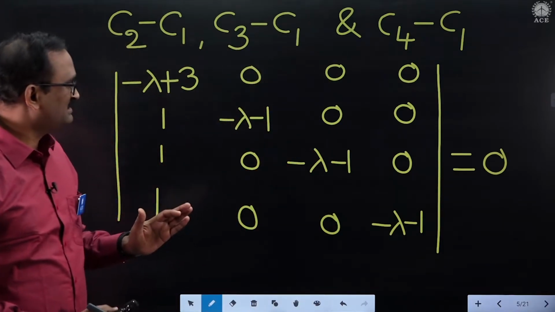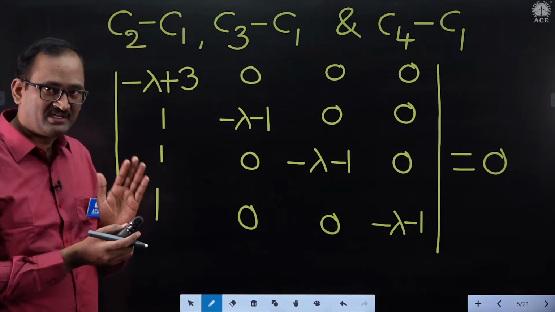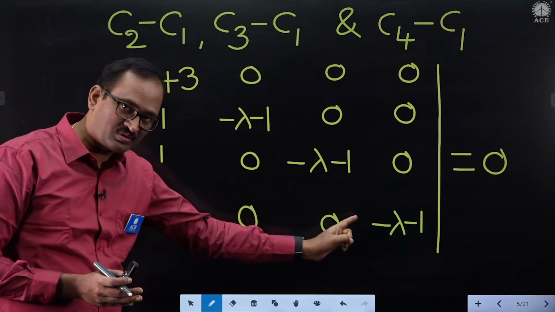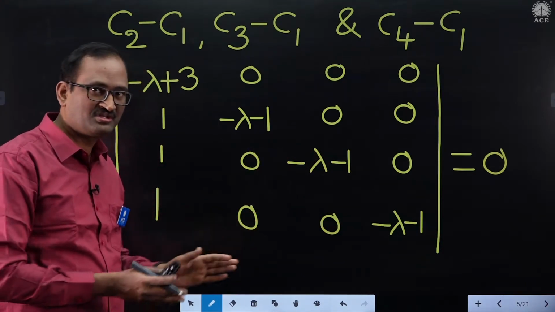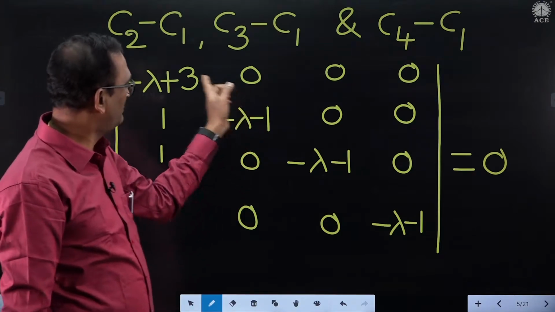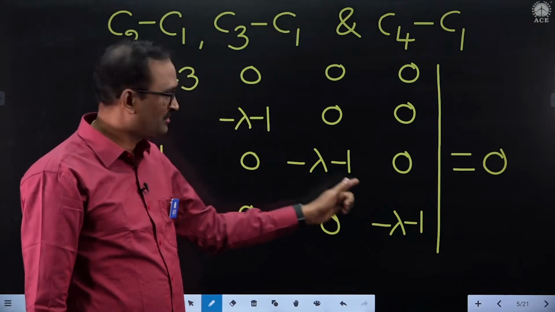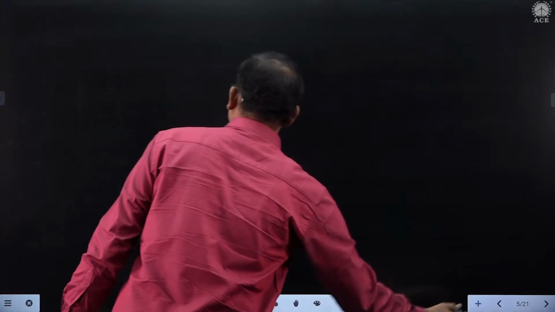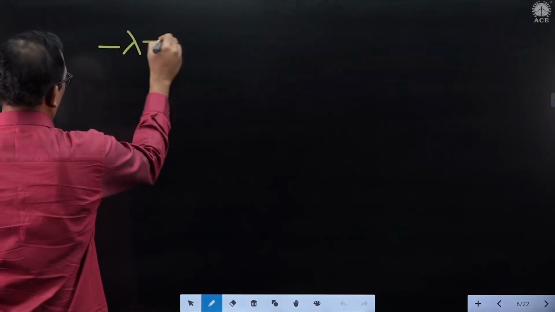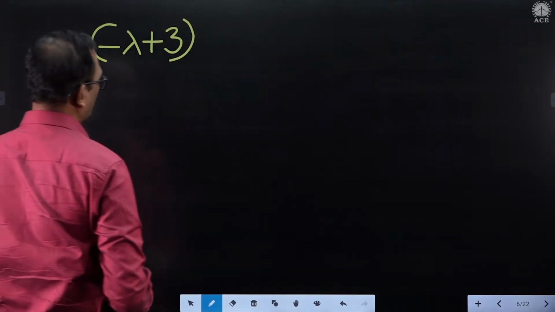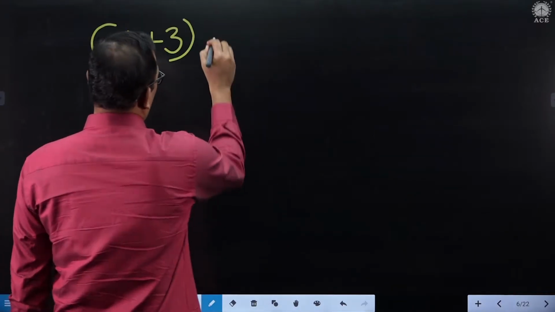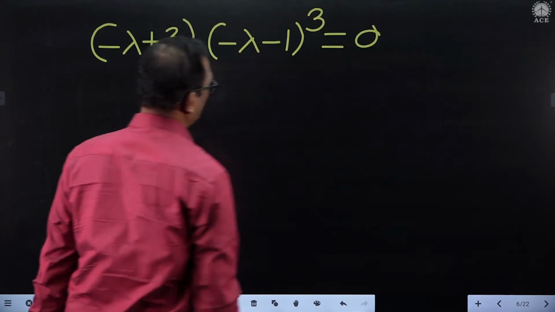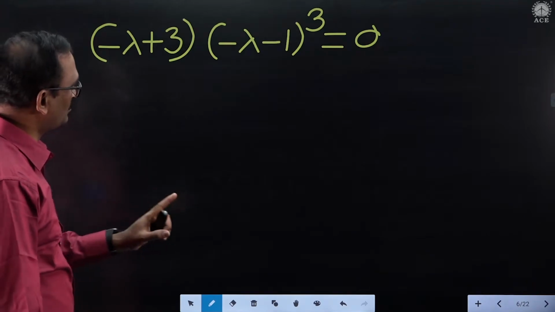Remember, this is a lower triangular matrix determinant. The determinant of a lower triangular matrix is just the product of its diagonal elements. A lower triangular matrix means a square matrix in which all elements above the diagonal are zeros. Its value is the product of the diagonal elements: minus lambda plus 3 into minus lambda minus 1 whole cube is equal to 0.